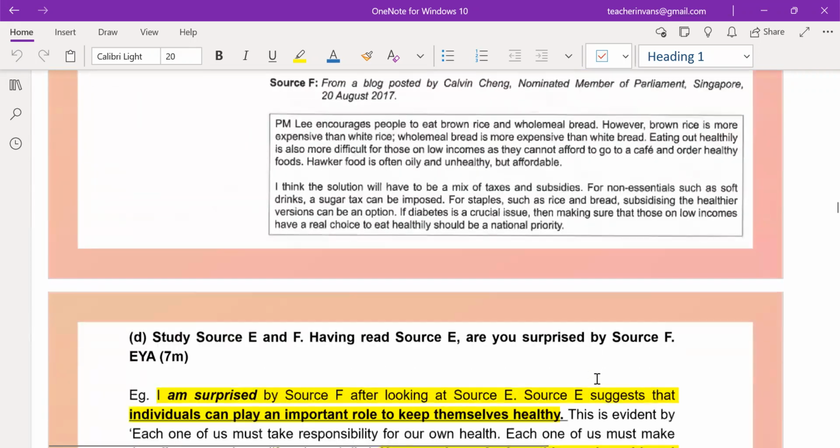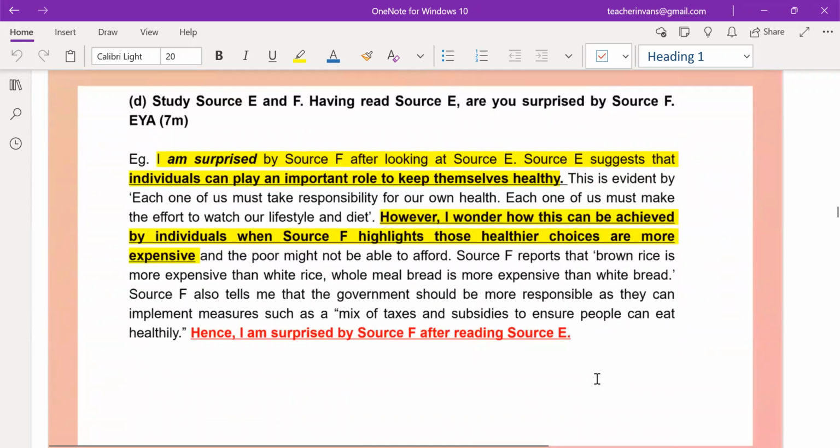Now, this is a surprise question. Okay, let's take a look. I am surprised by source F because source E suggests that individuals can play a part. However, we are not sure whether the individuals highlighted in source F are able to eat healthier.